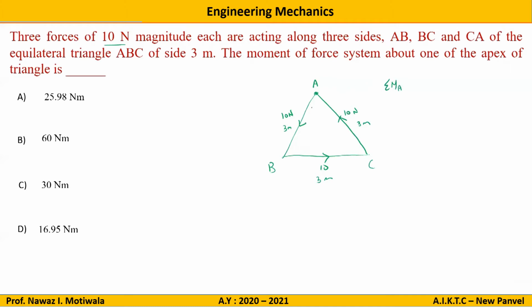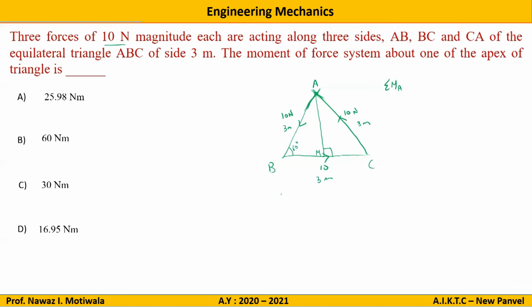Now if you simply observe, the force along AB is passing through this point, so its moment will be 0. Similarly, this 10 Newton force is also passing through this point, hence its moment will be 0. So the only moment will be caused by this 10 Newton force. Because the force is horizontal, we need the perpendicular distance, that is the vertical distance. First we will find this distance. For this triangle, let us say AMB, we know that this angle is 60 degree.